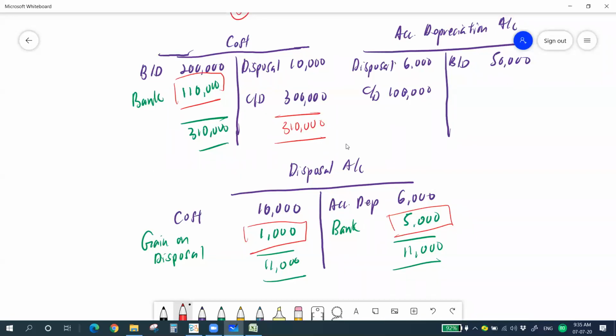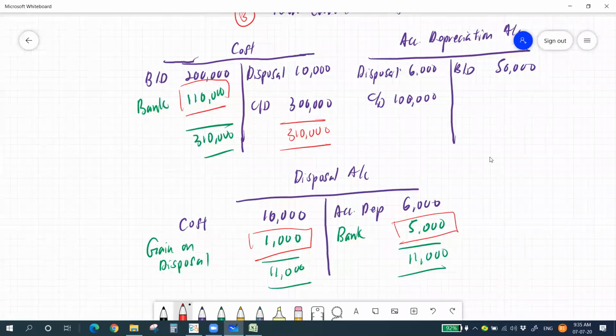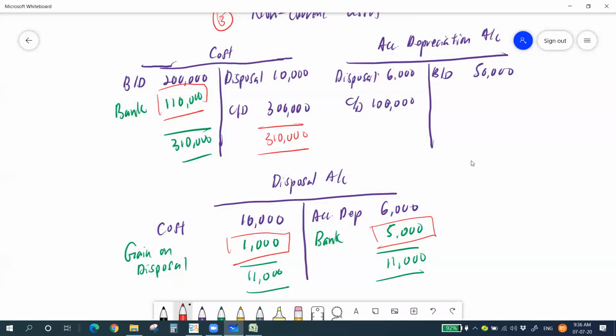All right. After cost account, let's take a look at the accumulated depreciation account. So here 106. Here should be 106 as well. So the missing information 56,000 is what?